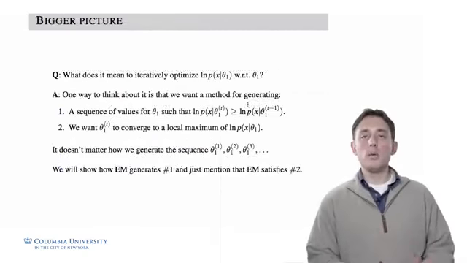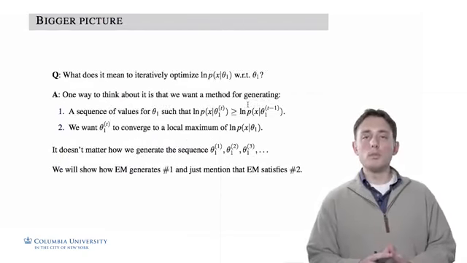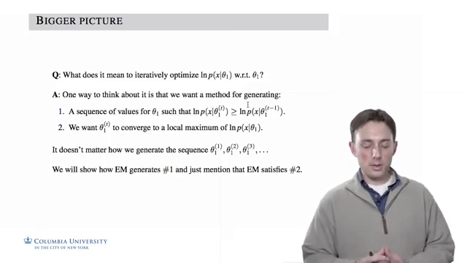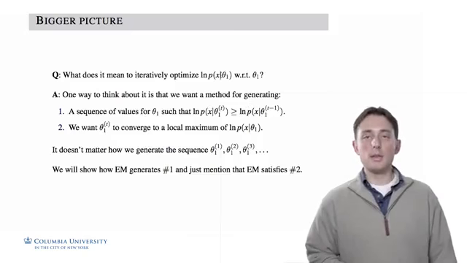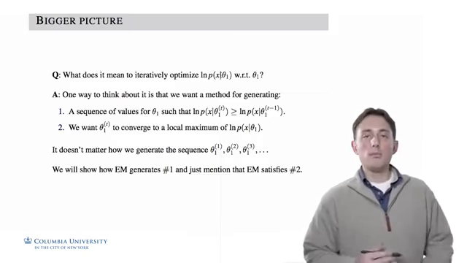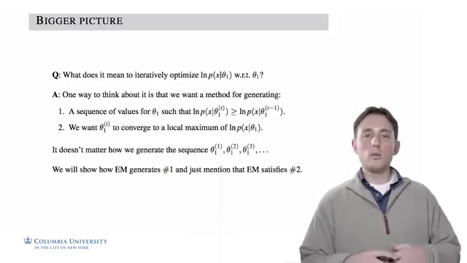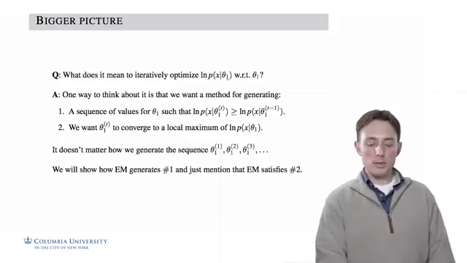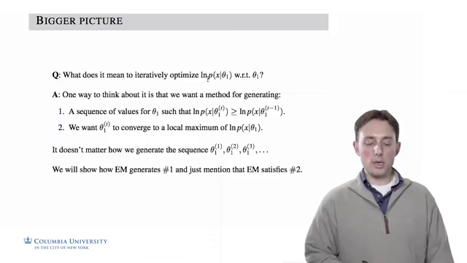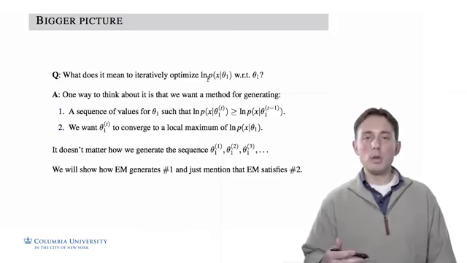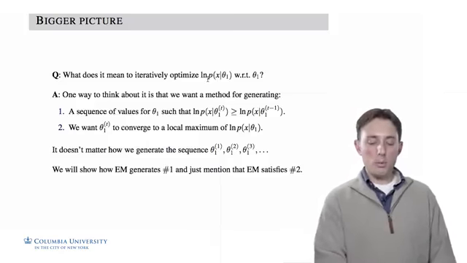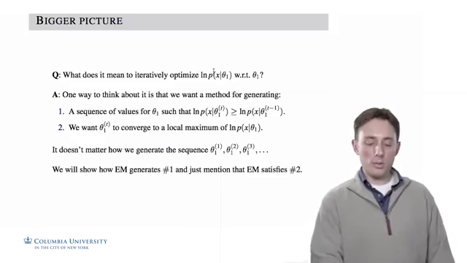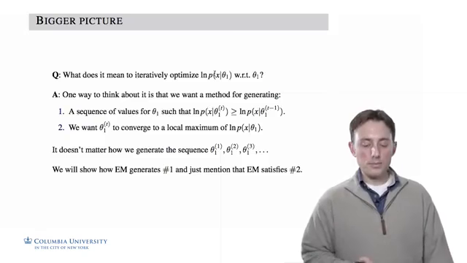Okay, so we're going to see how we can use those two terms to optimize the log likelihood of x given theta 1. But before we do that, I first want to ask, what does it mean to iteratively optimize this function with respect to theta 1? What is it that we're looking for when we say we want to come up with an algorithm that's going to maximize this thing?